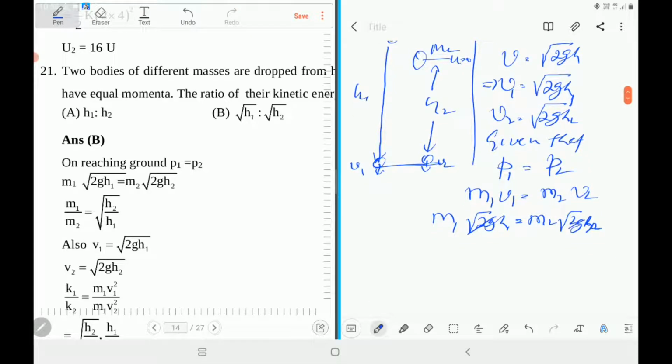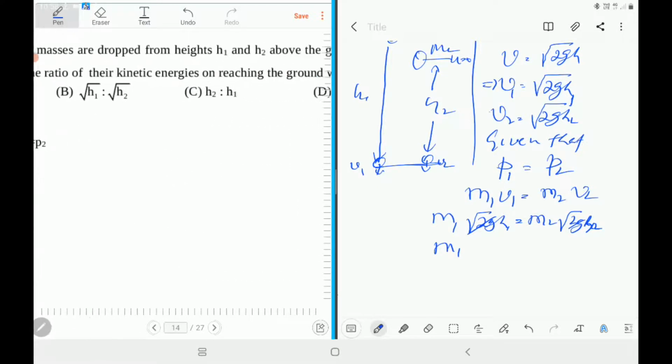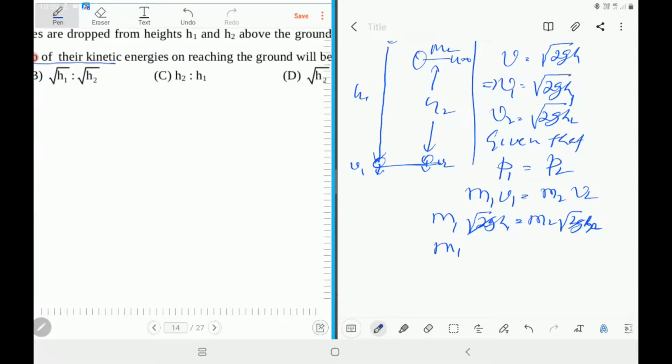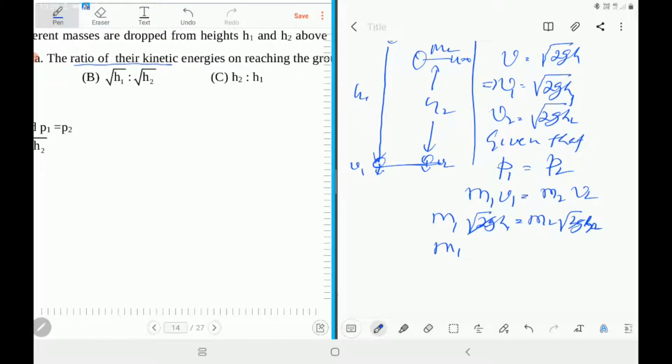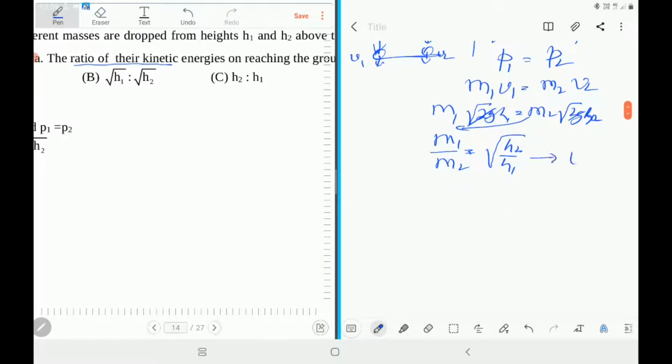Their kinetic energy ratio, m1 to m2 ratio, you have to find. First m1, then m2, so I find the ratio m1 by m2. Bring m2 to the denominator, so on the right side you have root of h2 upon h1.